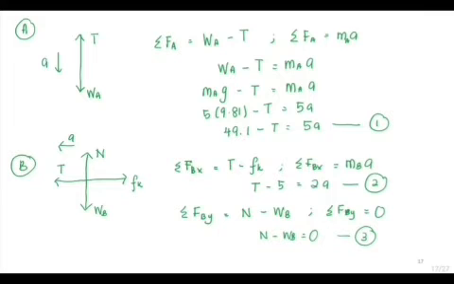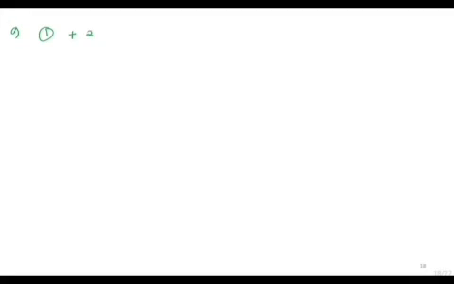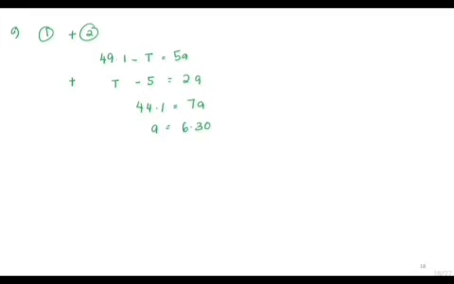So we will do simultaneous equation by adding equation number 1 and equation number 2, and we need to eliminate tension. Here we get acceleration of the two blocks equal to 6.30 meter per second squared.